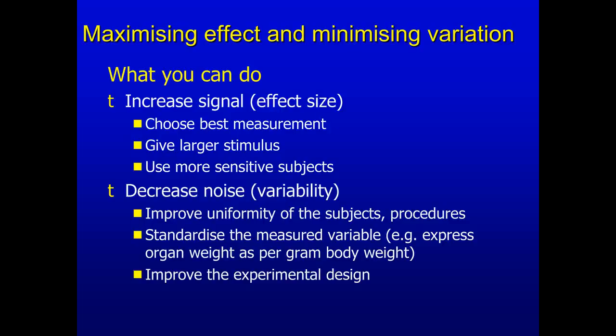Or you can improve the experimental design so some elements of variability can be excluded from the comparison between the experimental groups and their variability. If you can't do that, you're stuck with increasing the sample size. So this is one element that would be key in looking at how you teach to optimize experimental design.